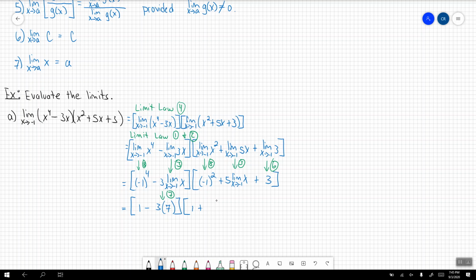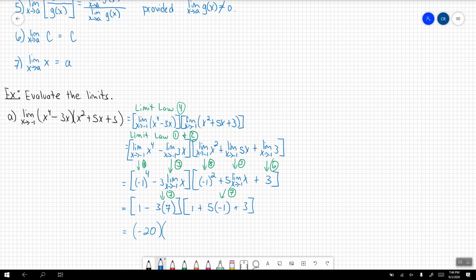I evaluate this limit here, which will just be 5 times -1. Again, what I did is I used limit law 7, and I still have a 3 here. And what I have now is a really nice set of algebra steps that I now need to perform. So this is going to be 1 minus 3 times 7. All right, so that's going to be negative 20. There we are. Looking pretty good.